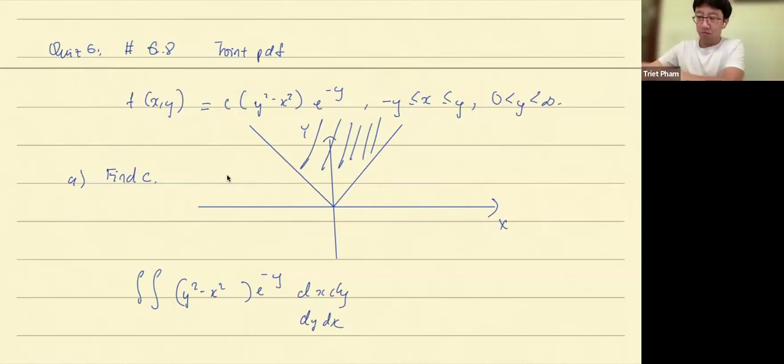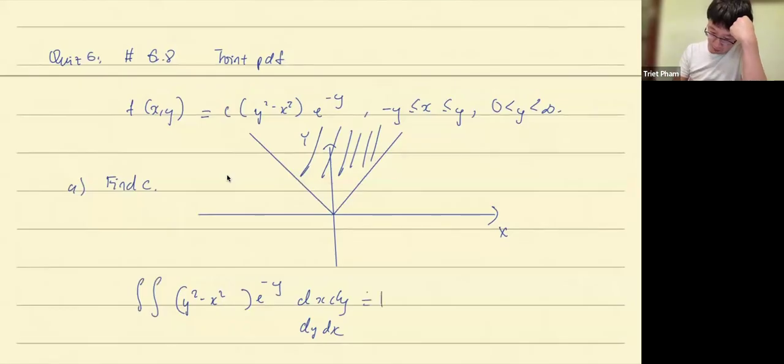Sometimes it doesn't matter, but at least we should think about that. And of course, the equality here should be 1, and then C times that. But should we set the integral as dx dy or dy dx?